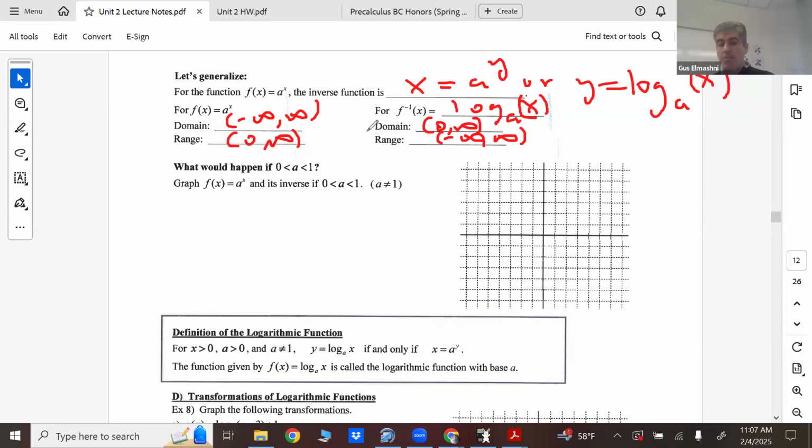So what would happen if a is between 0 and 1? Well, if you have y equals 1/2 to the x power, actually, hold on. Let me do the inverse.